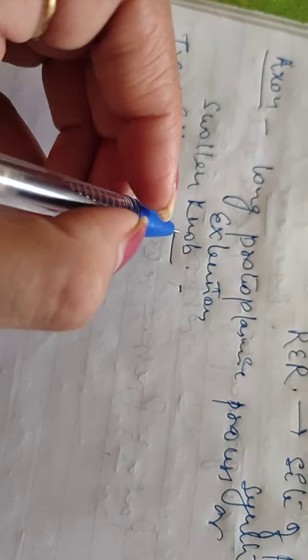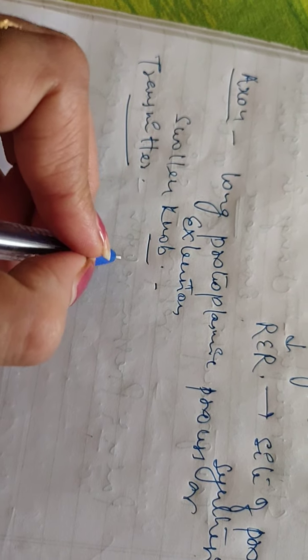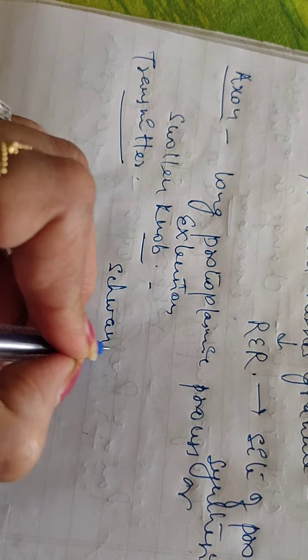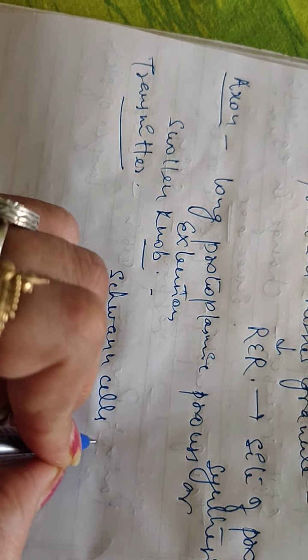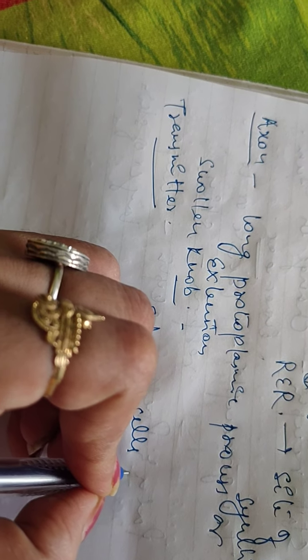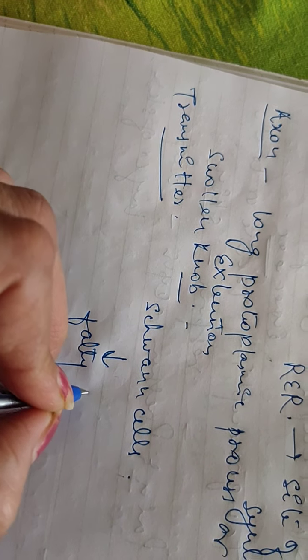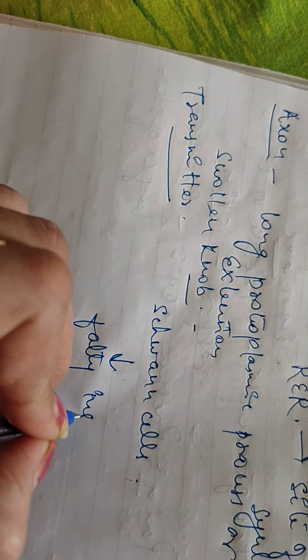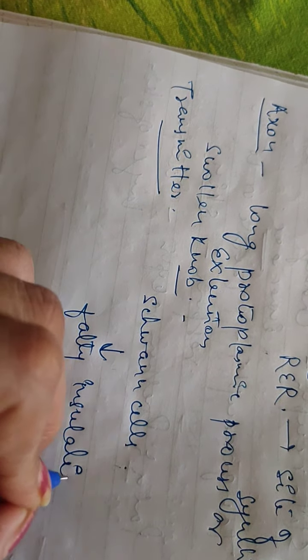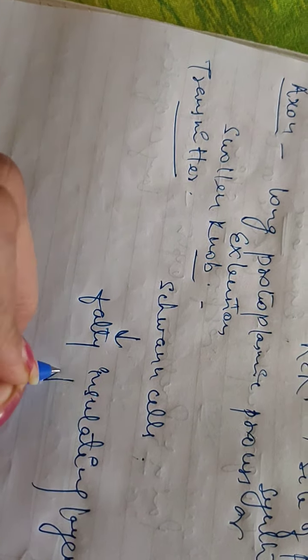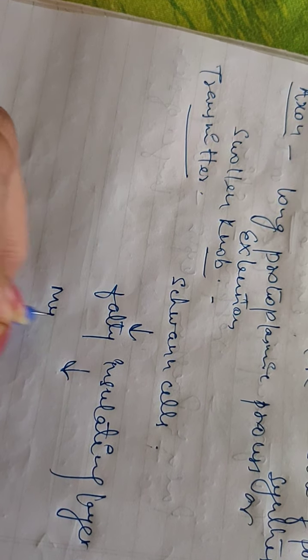So the axon is surrounded by Schwann cells. These cells may secrete a fatty insulating layer which is called the myelin sheath.